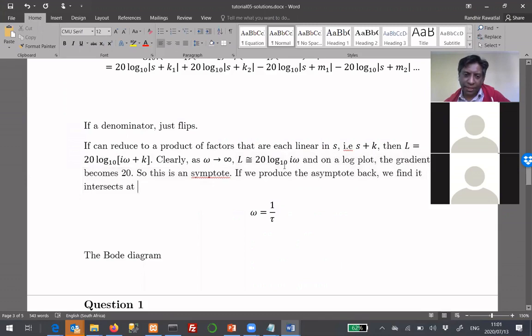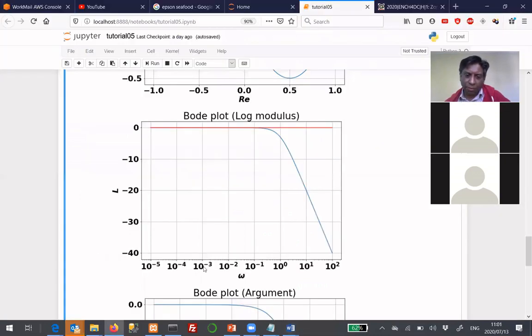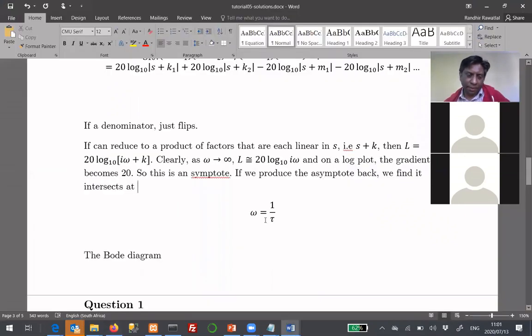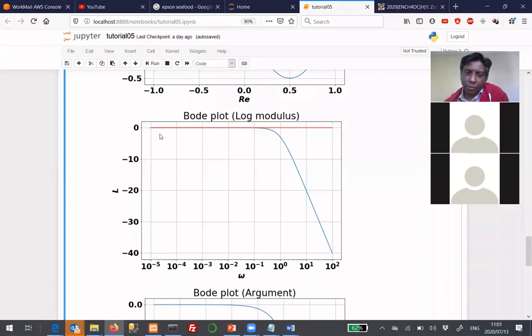Now we are plotting this on a log of omega scale here. So although it says omega here, well, it is omega, but this is a log scale, so you can see logarithmically scaled numbers. And so plotting against the log of omega, you can see that it's going to be a constant gradient. So that means we just need two numbers. We've got a single number here, the intercept.